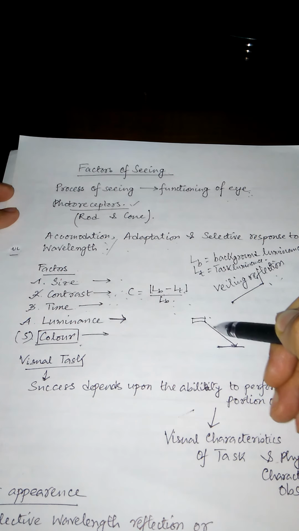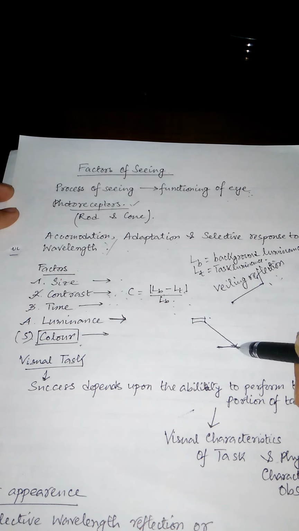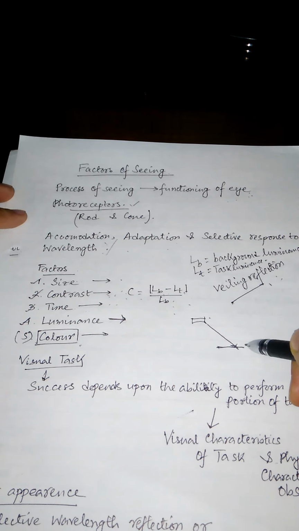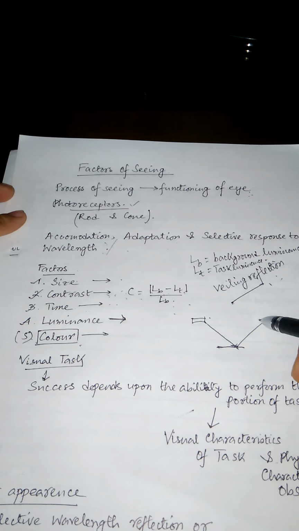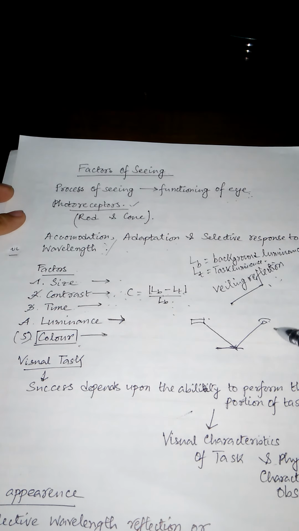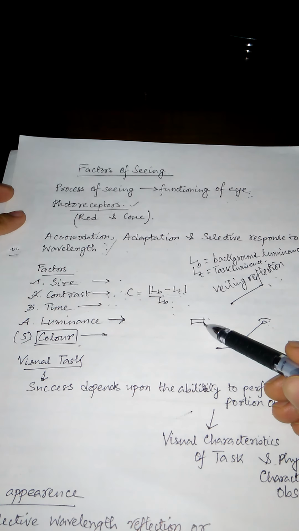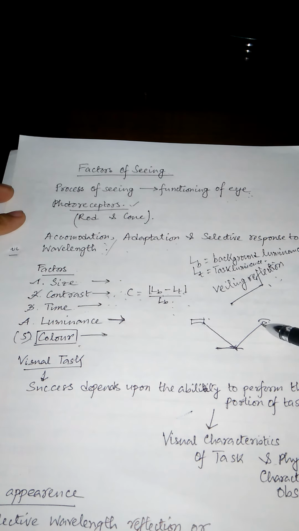The radiated light is incident here, and then from this particular working plane it is reflected back to our eyes. That means this is us, the spectators, who are going to see the particular object, and the light coming from this light source is incident here and then reflected from the object to our eyes.